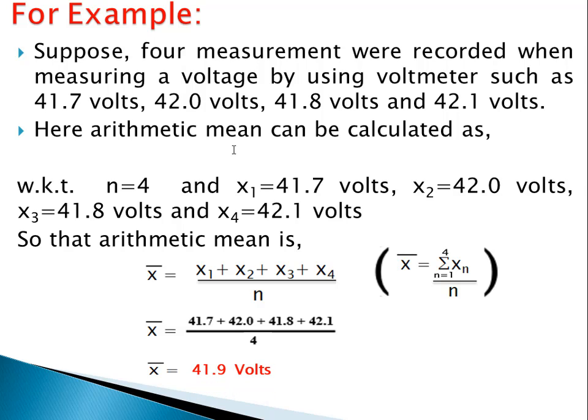That means here the average value of the given problem, or the arithmetic mean x bar, is equal to 41.9 volts. This is how we can find the value of arithmetic mean in the measurement system.